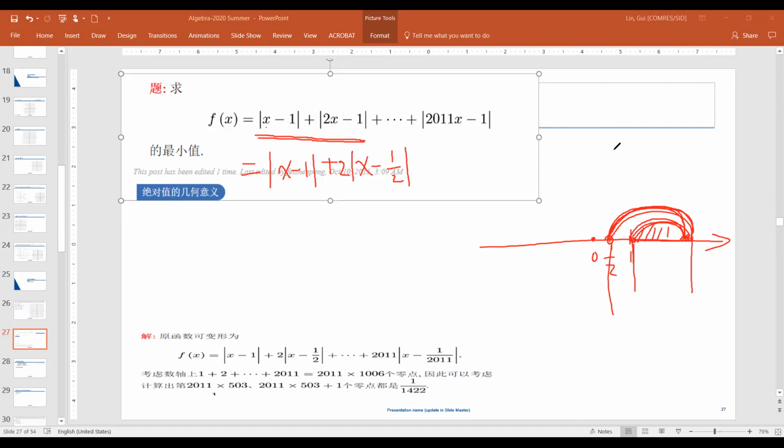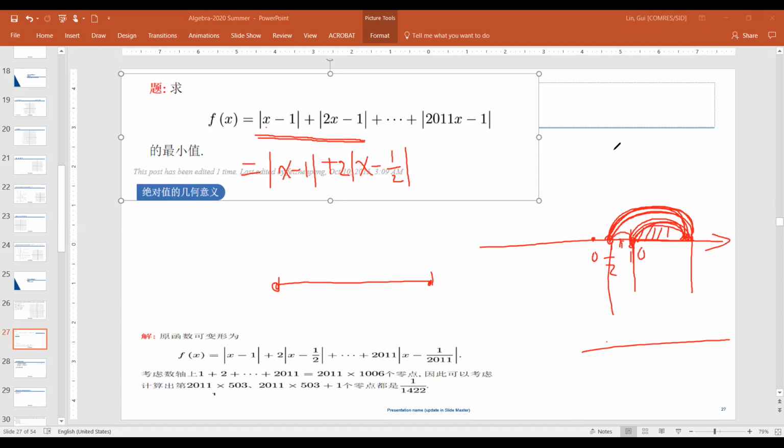So if there are 2 dots, the distance is smallest actually in between, right? Which one becomes the smallest? If you take any dot from the right part, you need this distance plus this distance, right? If the dot is exactly on the 1, the distance to the 1 becomes 0.